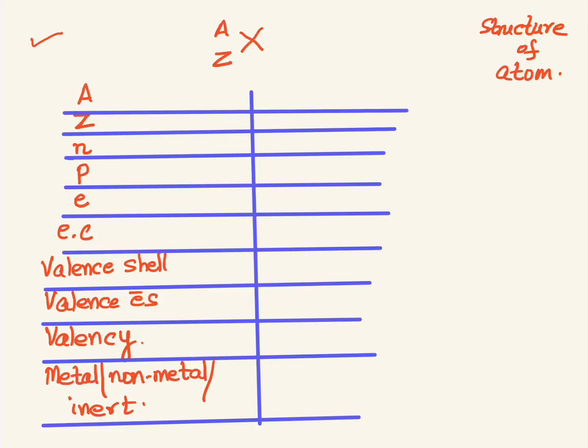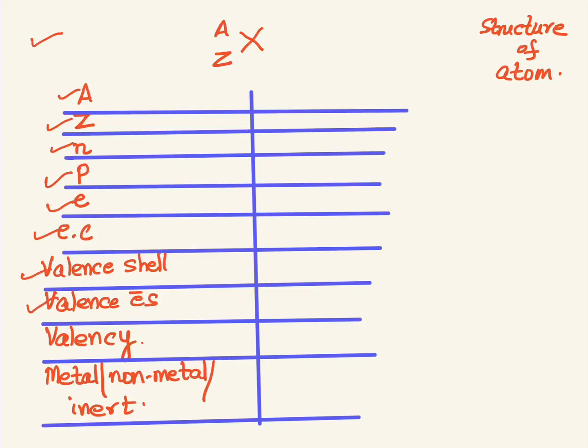So when I've got any element, I'm going to write the mass number, atomic number, number of neutrons, number of protons, number of electrons, electronic configuration. Oh, what is this new word? Don't worry, I'm yet to introduce that.